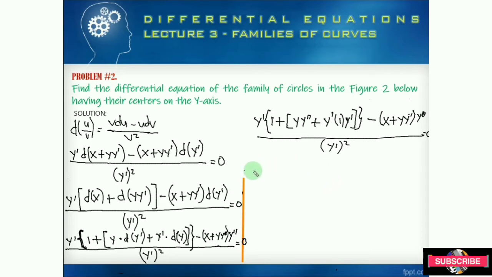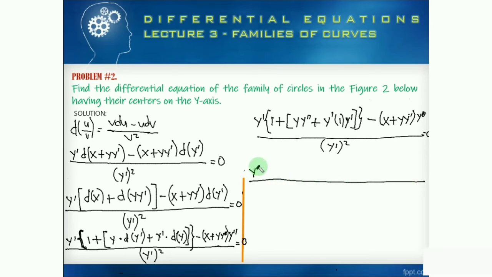So now we can further simplify this one. So we have here y prime, so again y prime times 1 plus, okay, we can actually remove now the bracket, since their signs are all positive.